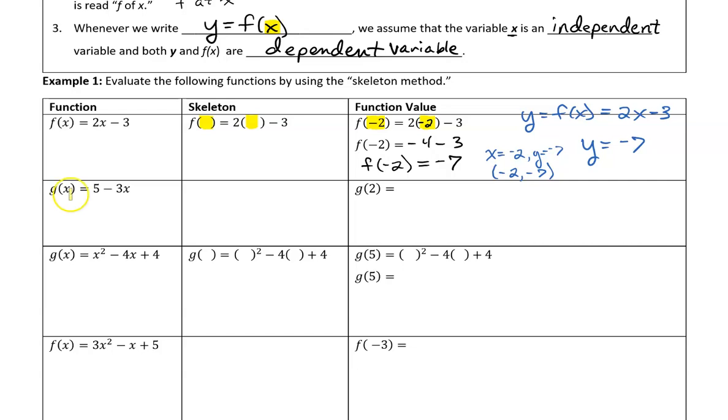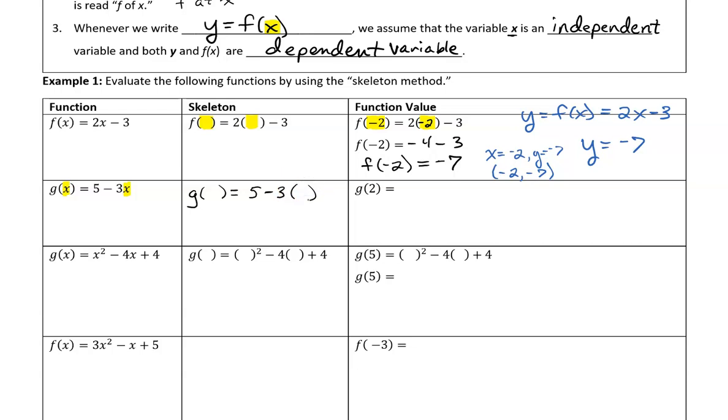Well, we were saying anywhere there's an x, we're going to put a space to fill in our values, whatever it may be. So I'm going to have g, whatever they want us to plug in. So I'm going to leave it blank there. There's my skeleton starting. 5 minus 3, here's my variable.